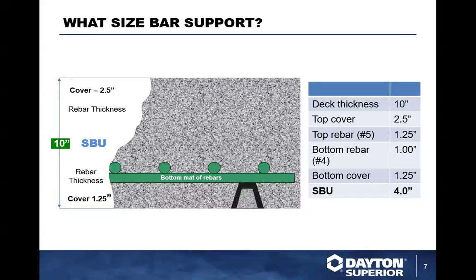Now, we have a bottom cover here of 1.25 inches. Number 4 rebar on the bottom. And a lot of times the upper mat of rebar will be put in place, and it's going to be a different size, maybe 4s, maybe 5s, maybe 6s. It's all up to the engineer. So typically here, you're going to have to figure out what size rebar you have for your upper mat and what you have for your top cover.